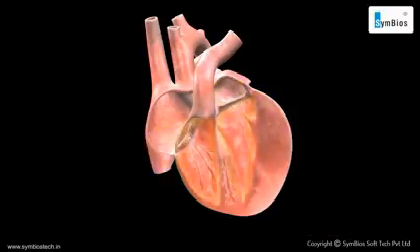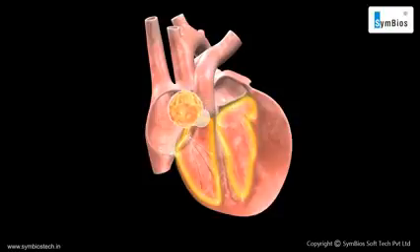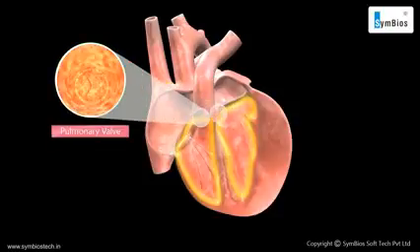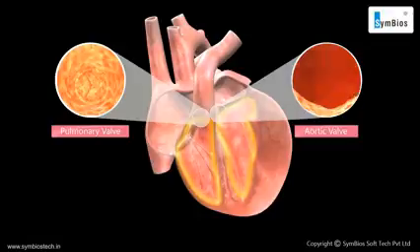The openings of the right and left ventricles into the pulmonary artery and the aorta, respectively, are guarded by the 2 semilunar valves, the pulmonary valve and the aortic valve.